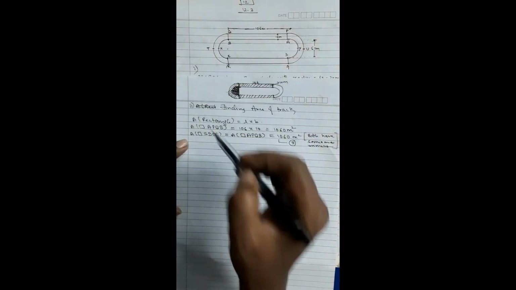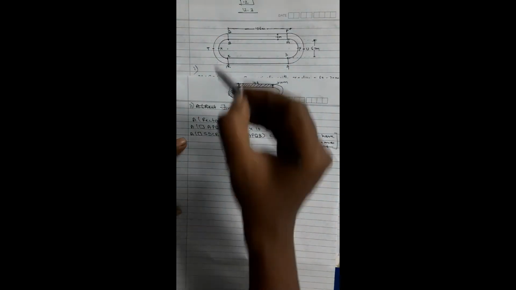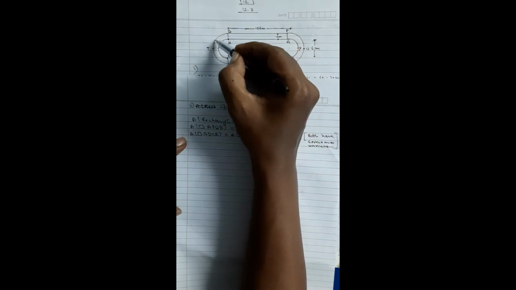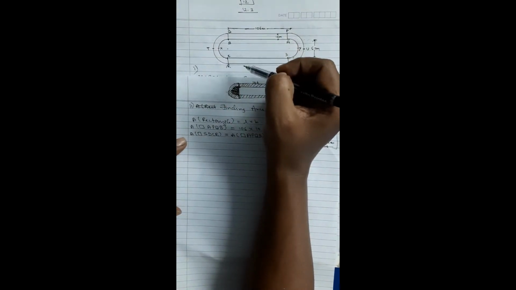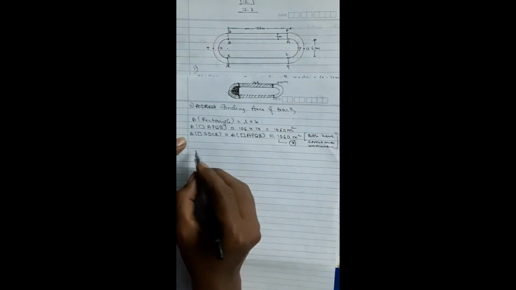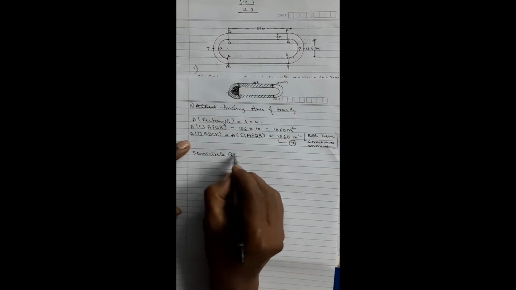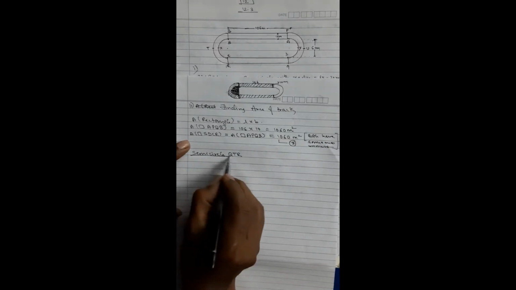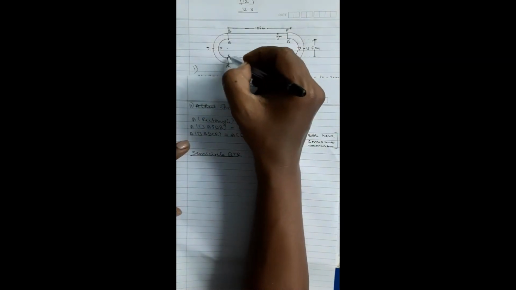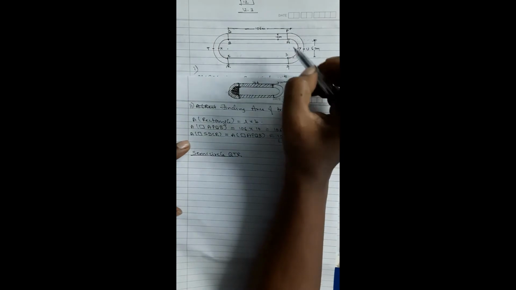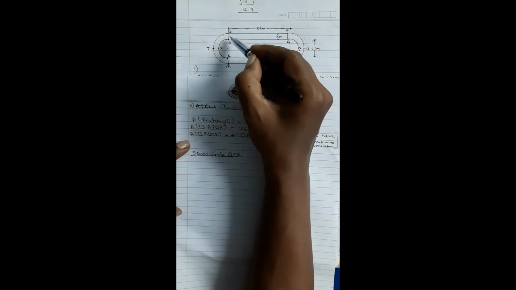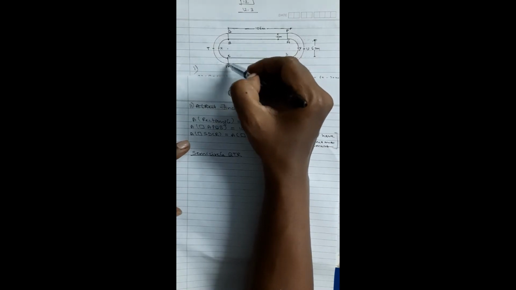Now going to find the area of the semicircle QTR. Here if you will see, the diameter is going to be how much? This distance is 60 meter. 60 plus 10 over here, 70, plus 10 over here, 80.